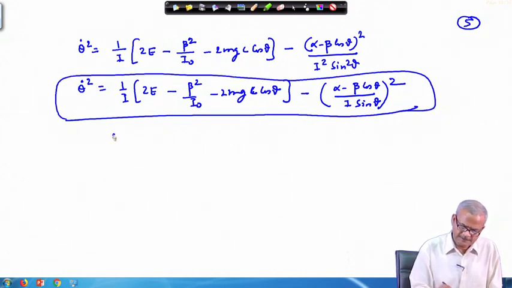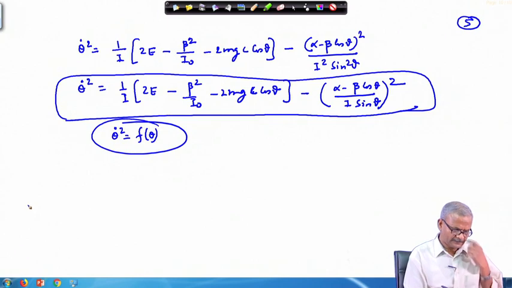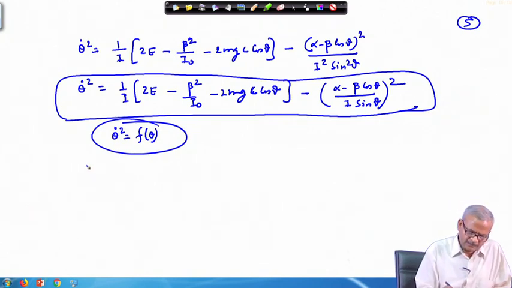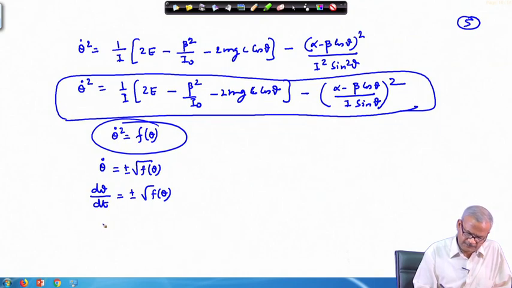So, look here, in this theta dot square, this is a function of theta, f theta. So, integrate it and solve it. So, theta dot, this will be under root f theta, plus or minus, or d theta by dt equals under root f theta, plus a constant.